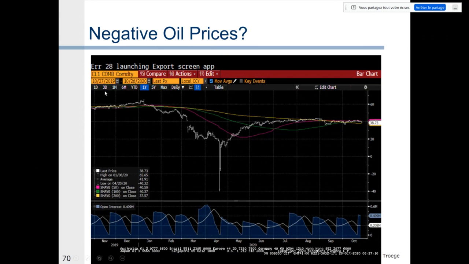You can see that this is the oil price at the Chicago Board of Trade. For a day or two, oil was traded at prices of minus $40 per barrel. Now we have more than $100 per barrel.